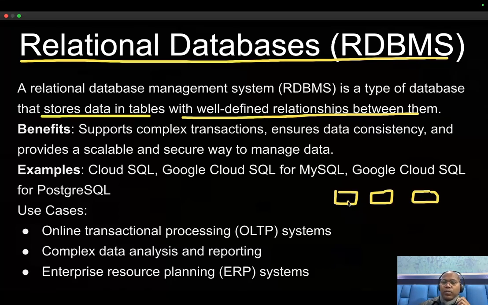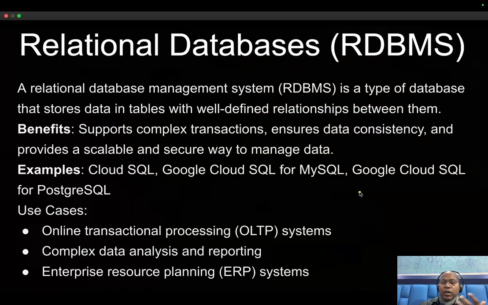They make relationships between the tables, so if you need data from table 1, table 2, and table 3, you can quickly retrieve it because they maintain the relationships between the tables.